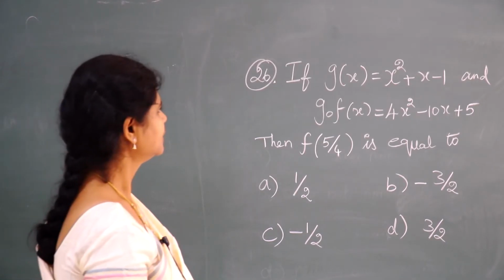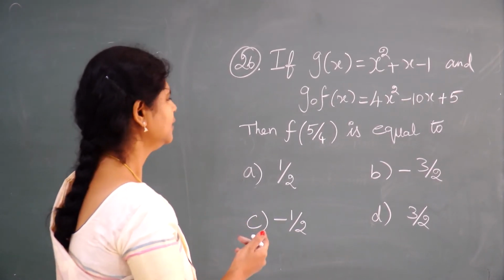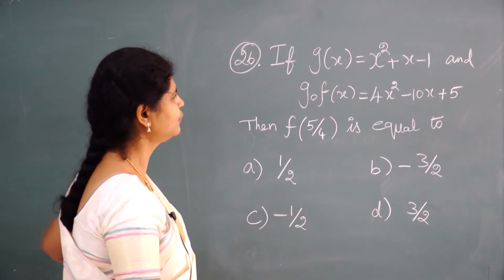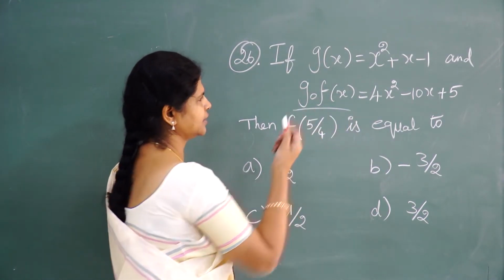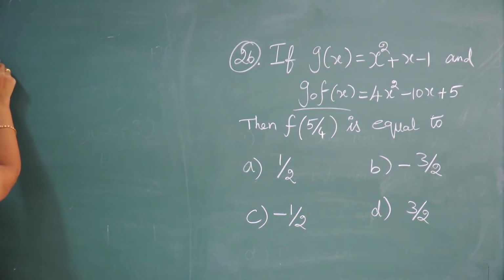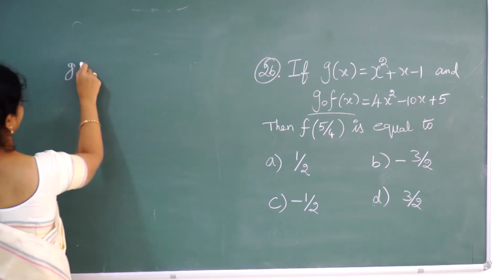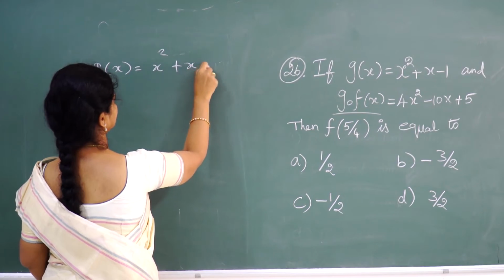Next question, g of x is given and the composite function is given. You have to find f of 5 by 4. Okay, so here g composite f of x is given. First you write down g of x, given by x square plus x minus 1.